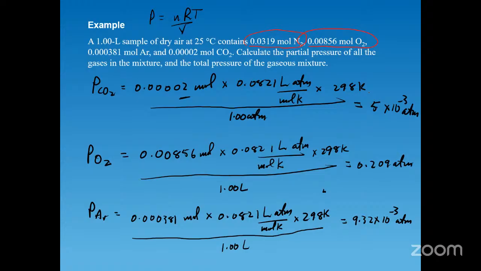So I'll add that to the 0.209 plus 5 times 10 to the minus 3 plus 9.32 times 10 to the minus 3. And according to my calculation, when you add these up, P total will be equal to 1.003. And that's how you put it.